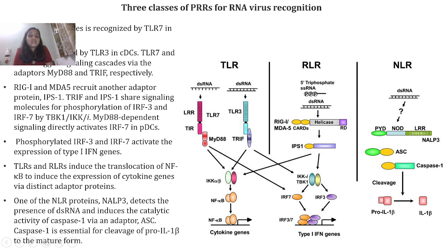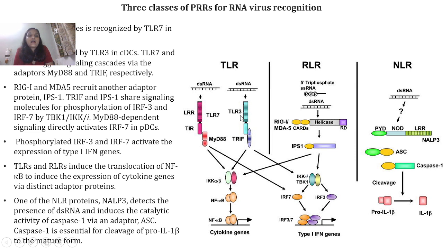For example, single-stranded RNA from viruses is recognized by TLR7 in PDCs. Here you can see single-stranded RNA from viruses. This is TLR7, and PDC means plasmacytoid dendritic cell, which is a type of dendritic cell. This is recognized by TLR7.